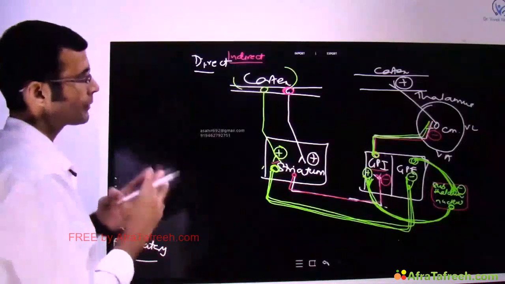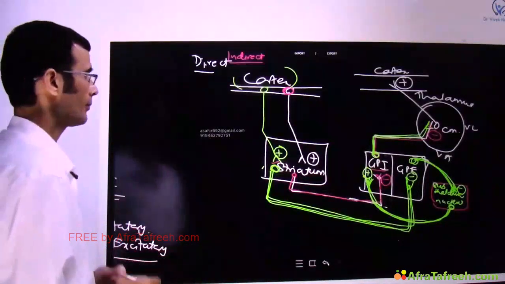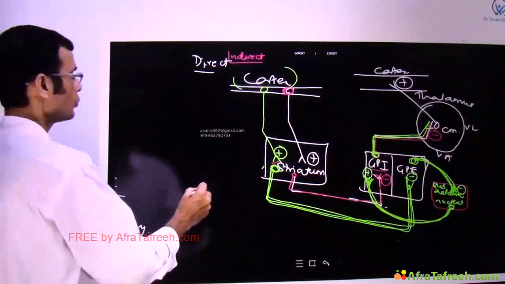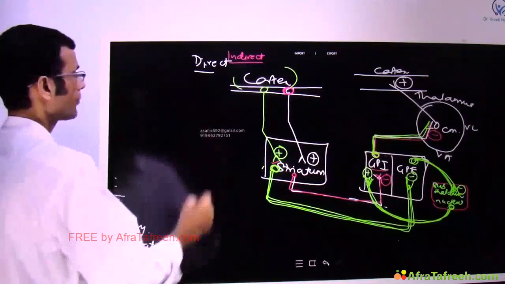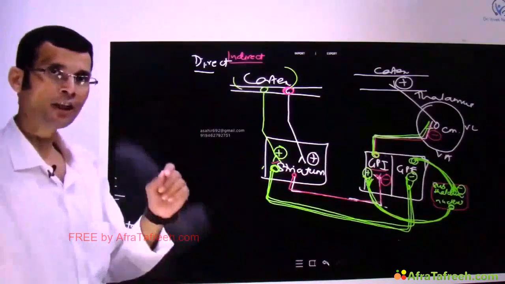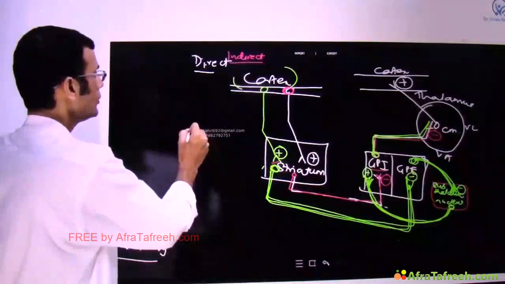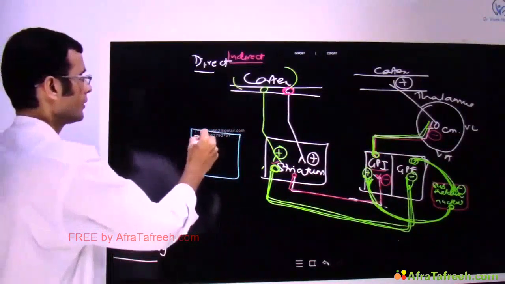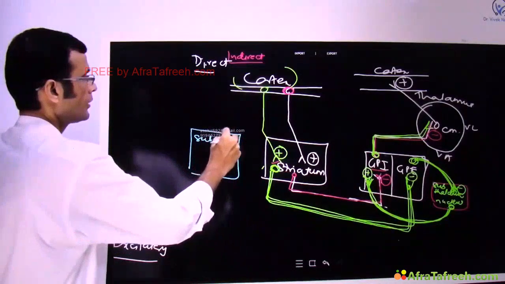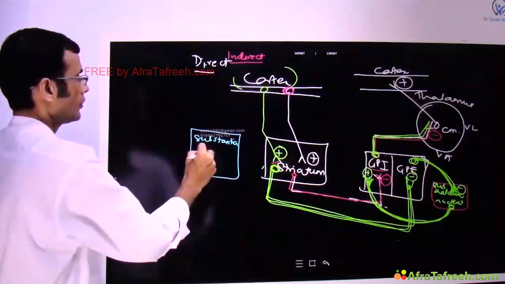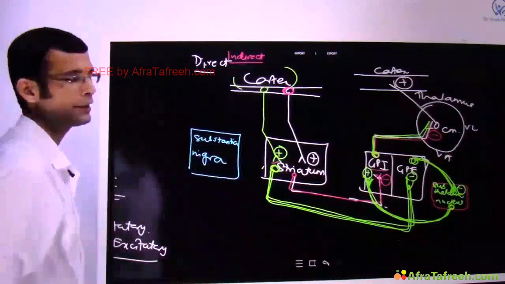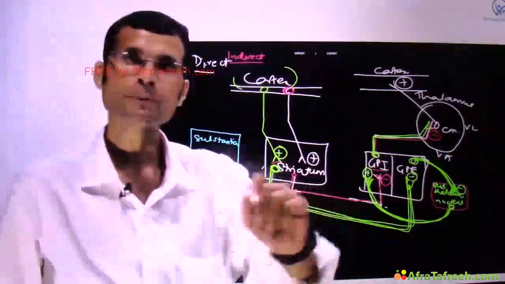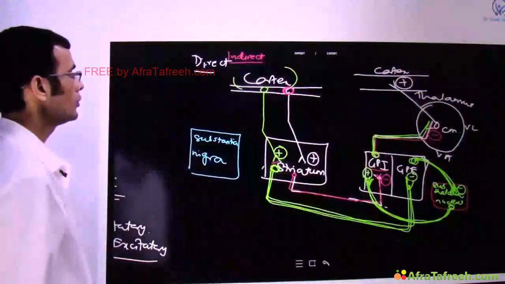What is the role of substantia nigra in this? Let's try to understand the role of substantia nigra. Substantia nigra is not involved directly in these circuits. So what is its function?